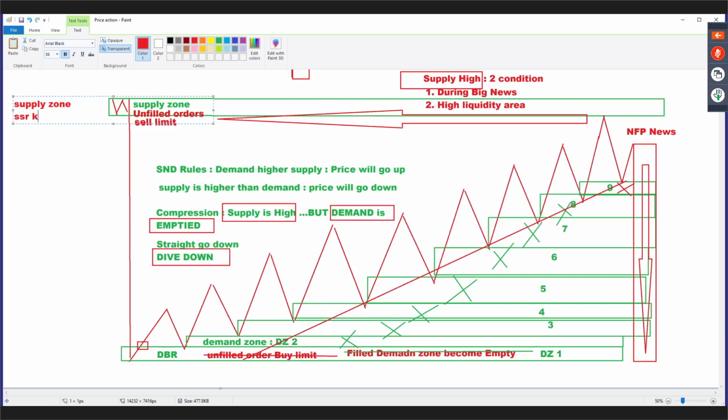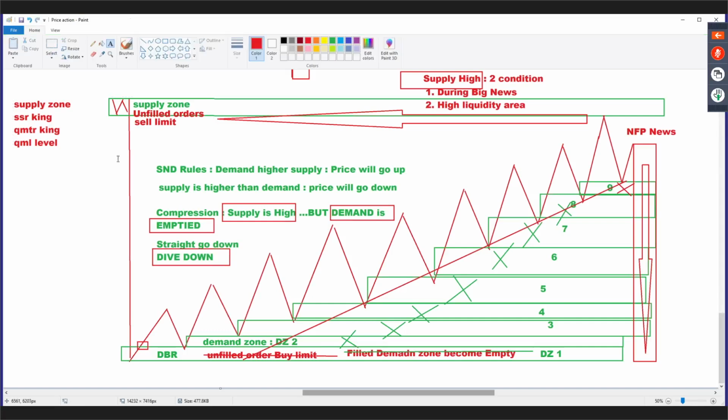Maybe you can find an SSR King, or a QMTR King, or any QM level, whatever the reason, so that we can enter the market. Yes, on the left side look for King, QMTR, QMC, or QMR, whatever we already learned, because this price action is very, very excellent.